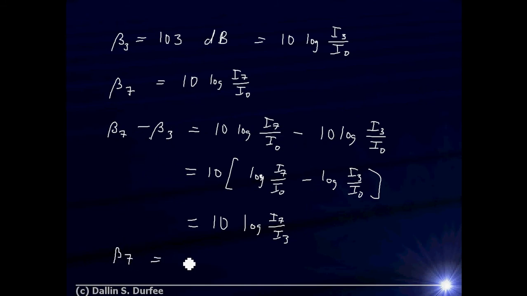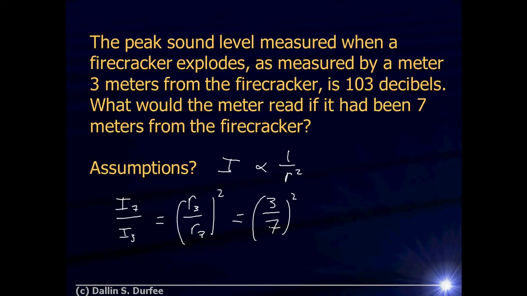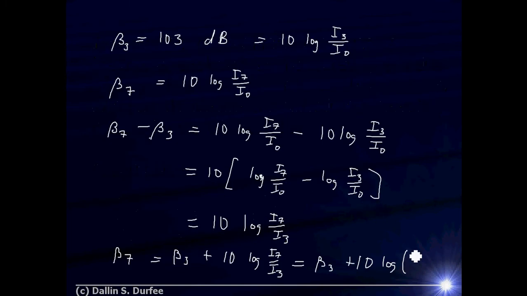I just add beta 3 to both sides. So the sound level at 7 meters is the sound level at 3 meters plus 10 times the logarithm of I7 over I3. That's beta 3 plus 10 times the log base 10 of I7 over I3, which is just 3/7 squared. And you can plug that into a calculator.